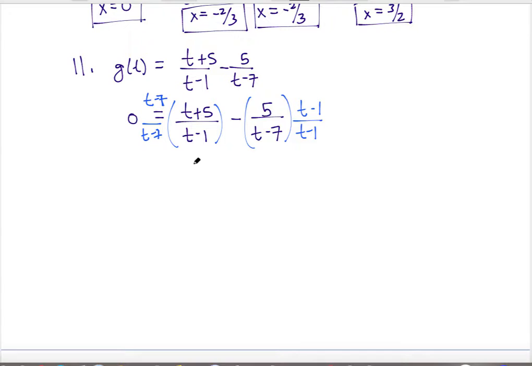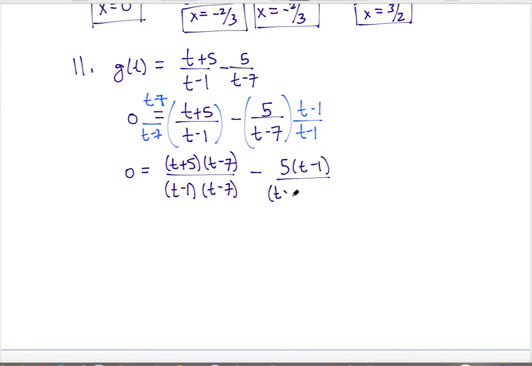And so what this gives me is t plus 5 times t minus 7 over t minus 1 times t minus 7, minus 5 times t minus 1 over t minus 1 times t minus 7. I'm writing it in this order to make it apparent that we have the same denominator. So I'm going to go ahead and combine these.